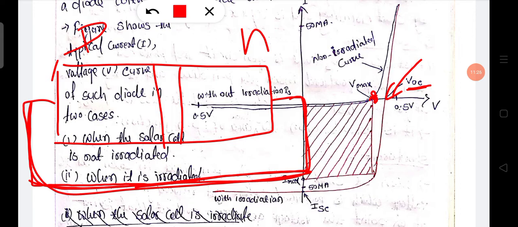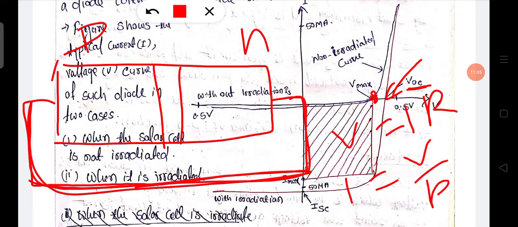V is equal to IR, so I equals V by R. When voltage is 0 and R is 0, this is minimum and this is minimum, so the current is maximum, logically.